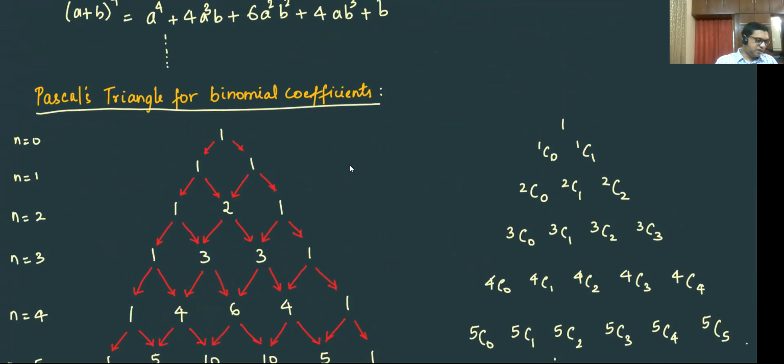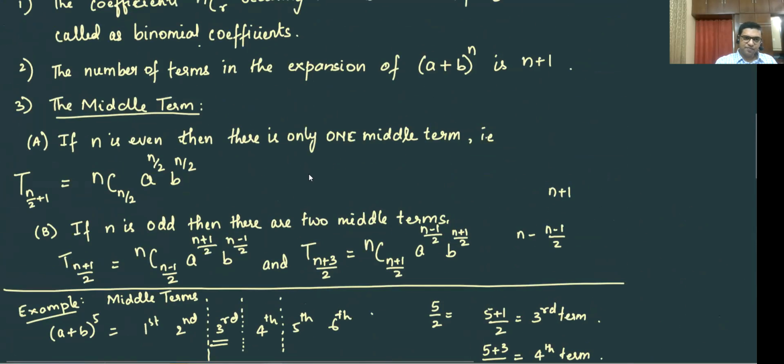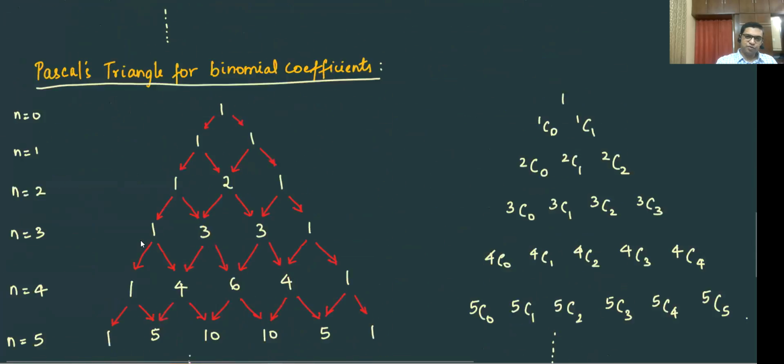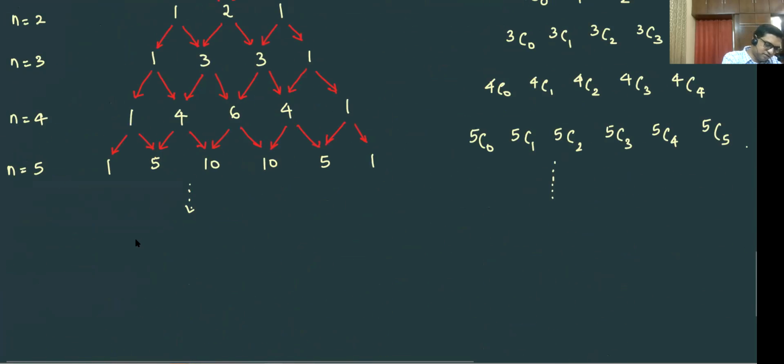But with the permutations and combinations that we have learned, we can straight away write nCr. So we don't have to use Pascal's triangle. All right, we'll do some problems.